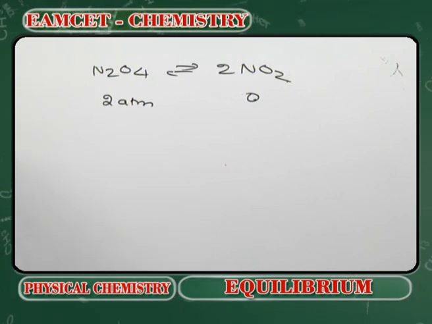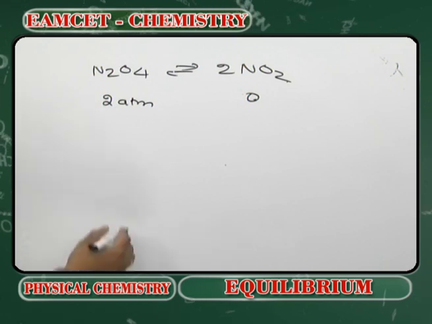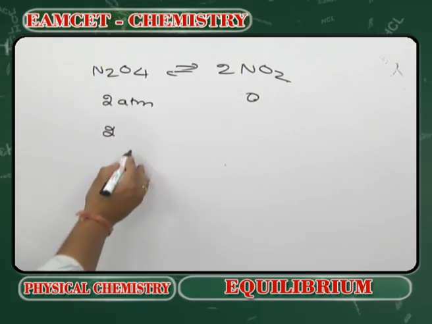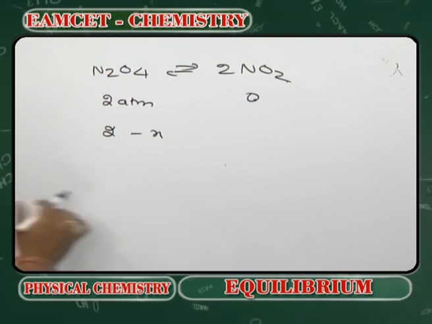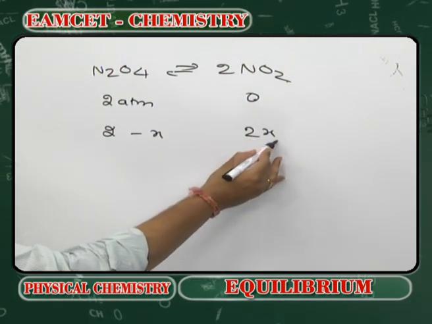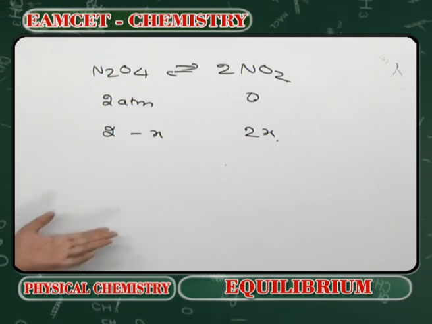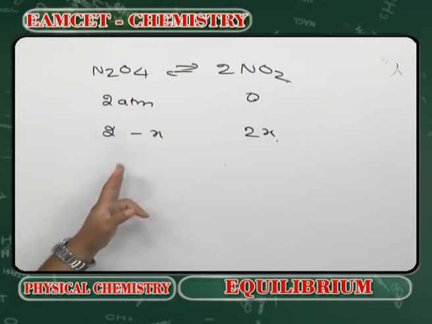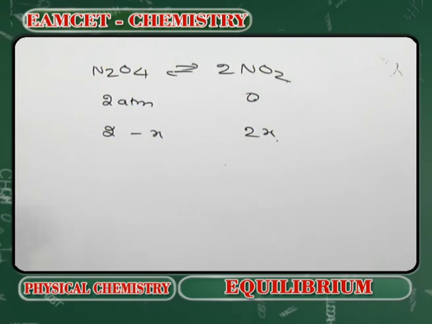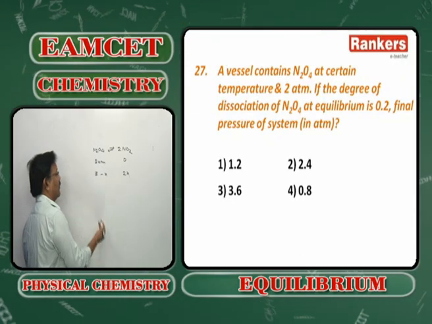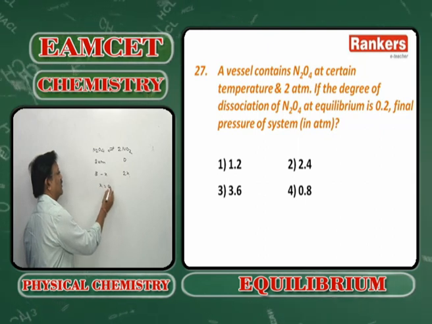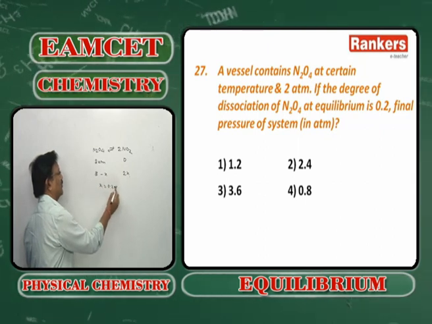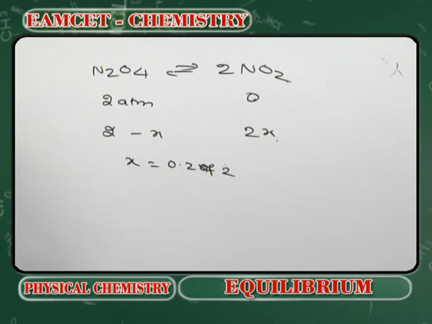At equilibrium, pressure due to N2O4 is 2 minus x and this will be 2x. What is the x value?